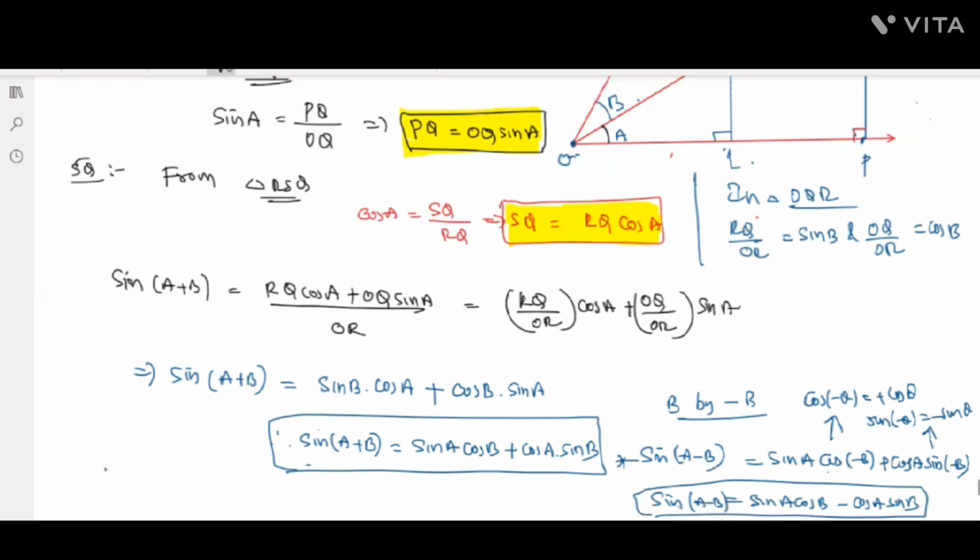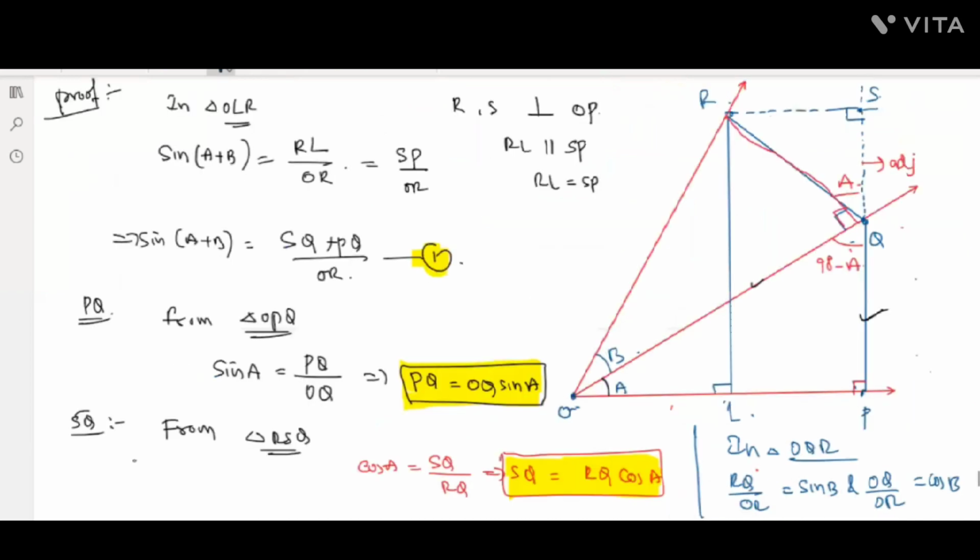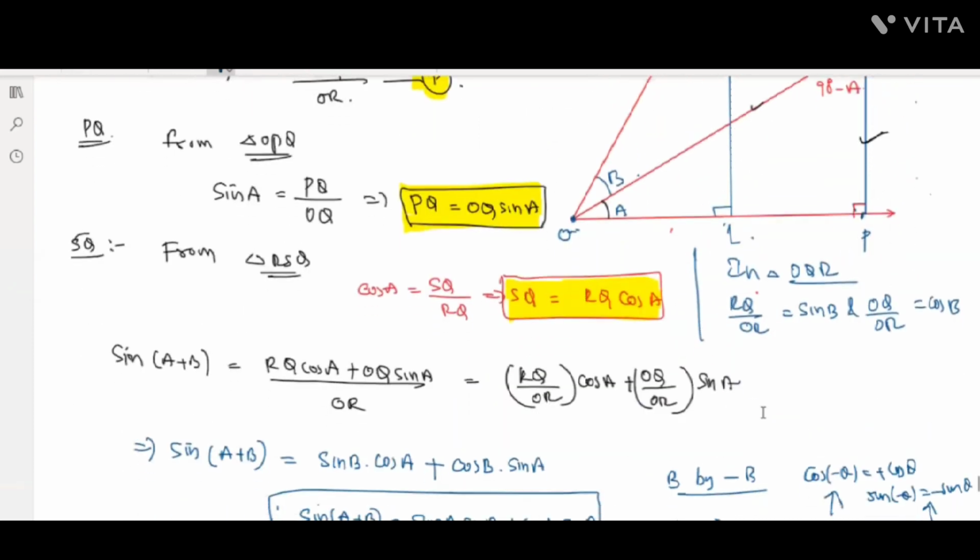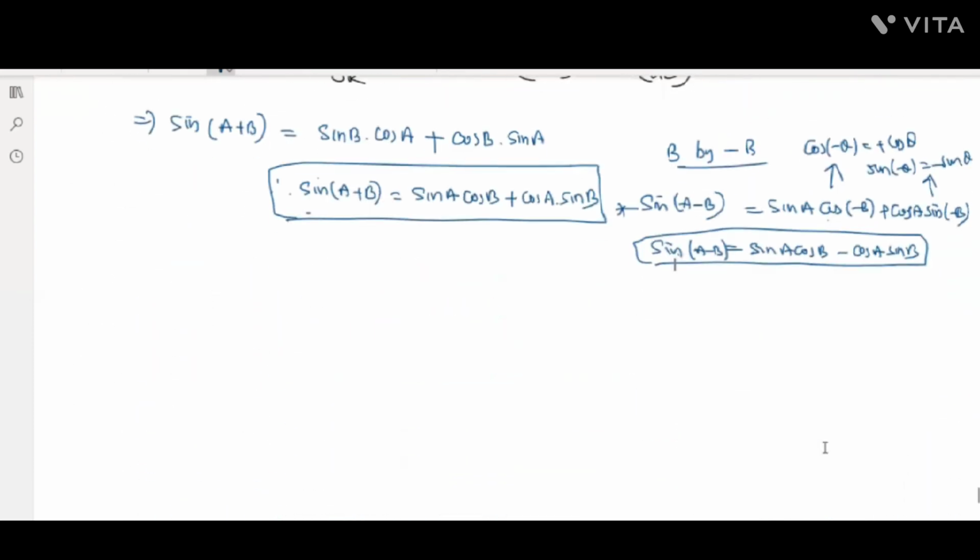If you want cos(A+B) and cos(A-B), cos(A+B) will become OL by OR. So how can we get the OL? OL directly we will not get, so OL can be written as OP minus LP. So cos(A+B) is equal to OL by OR from triangle OLR.